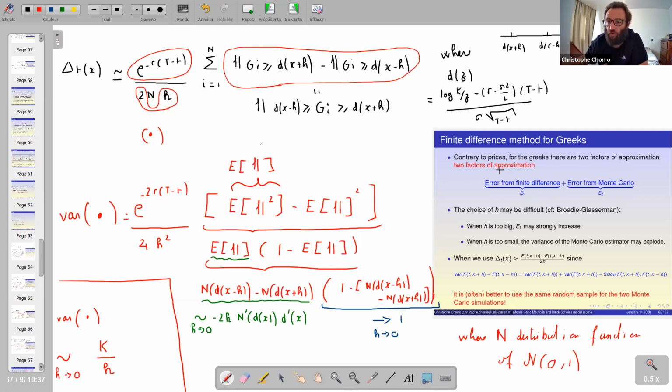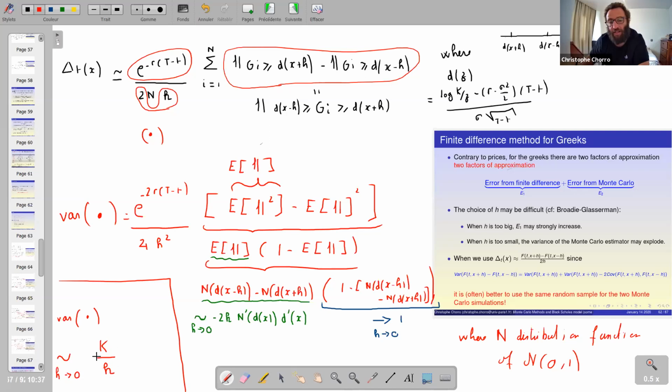If I want to control the error from the finite difference, of course, I need to take a small h, because if I take a small h, my Taylor approximation argument will be valid. So in order to make this one small, you have to take h small. To make this one small, you need to have the variance small, but the variance is equivalent when h goes to 0 to k over h.